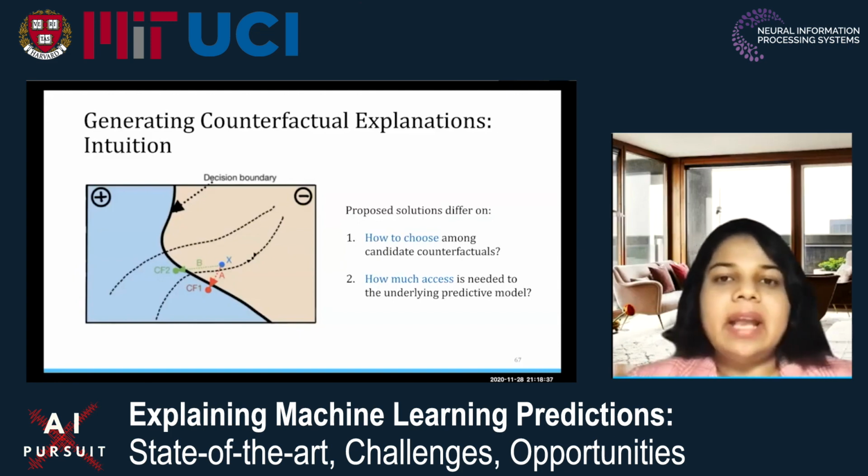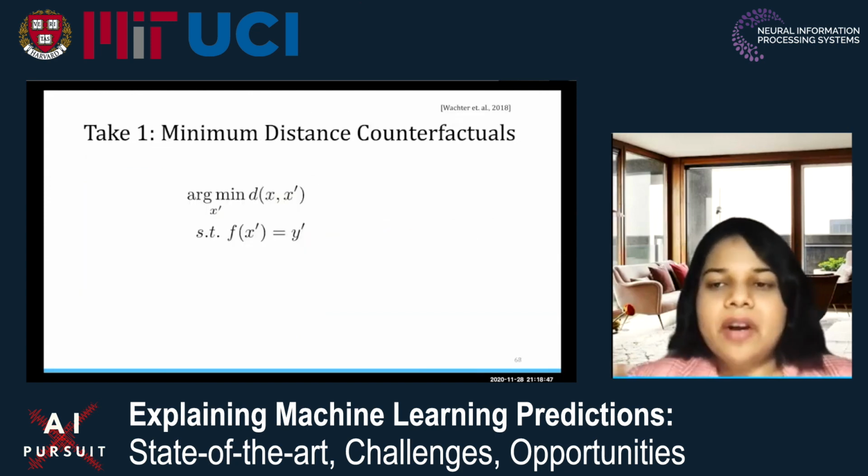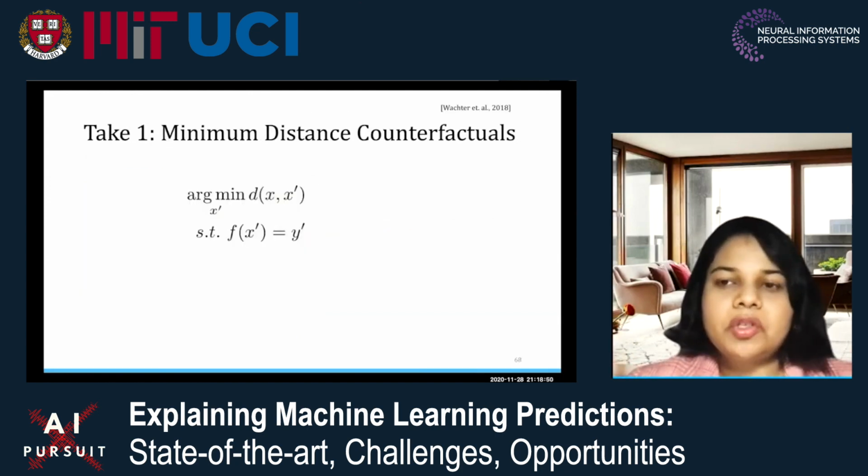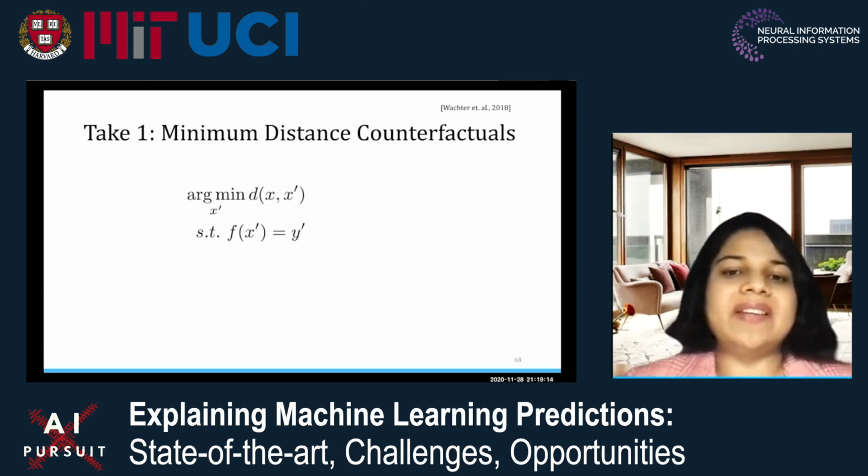Now let's look at some of the most important algorithms which were designed to generate counterfactual explanations. The first algorithm for this problem was proposed by Wachter et al., and they use a simple objective function where the goal is to find a counterfactual x prime for a given instance x in such a way that f of x prime, that is the predictive model's prediction on x prime, is actually the desired outcome, and the distance between x and x prime is as small as it can get.